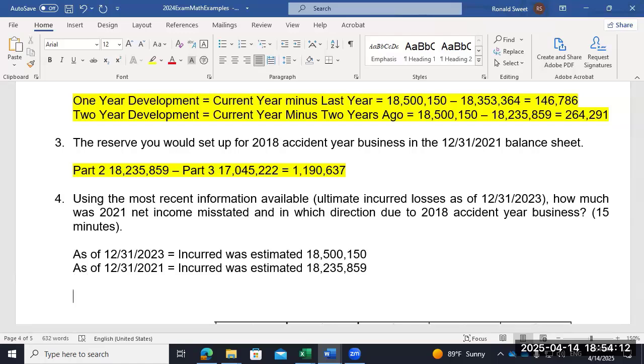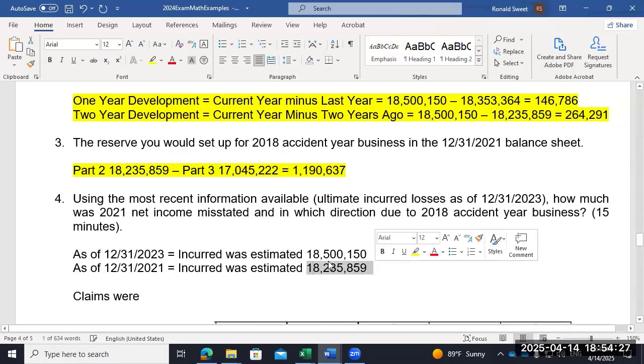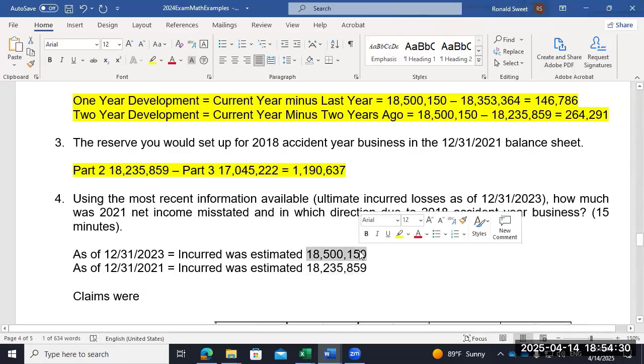So their claims were overstated or understated in 2021? Well, they thought in 2021 they were going to be 18 billion 2. They should have been 18 billion 5. Understated.